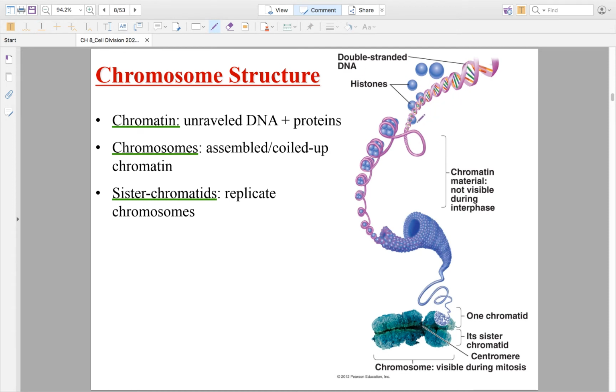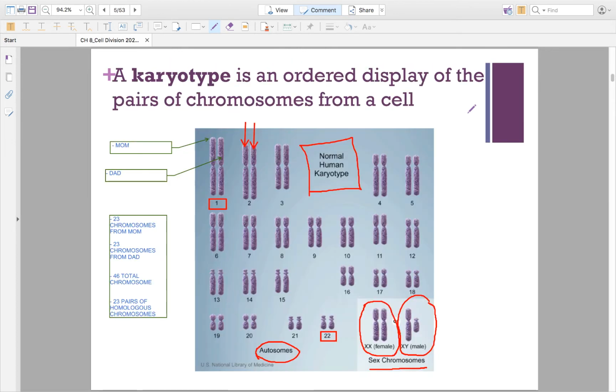It's a double helix, and notice that it's uncoiled, and it's wrapped around proteins called histone proteins. So this is chromatin, all of this uncoiled stuff. Now, chromosomes coil up and make that chromosome shape that we saw earlier.